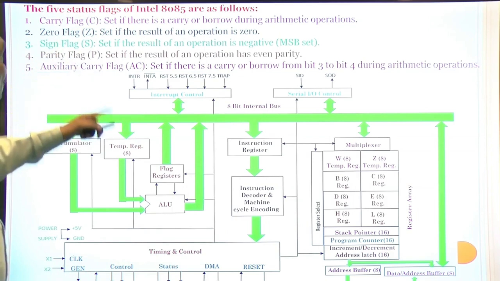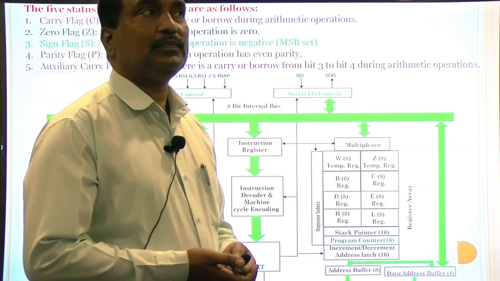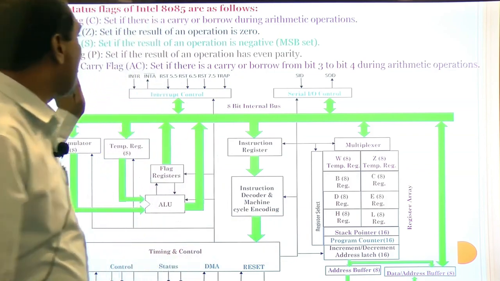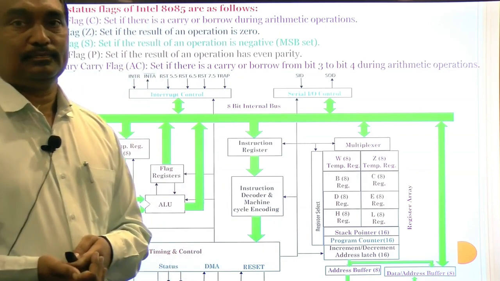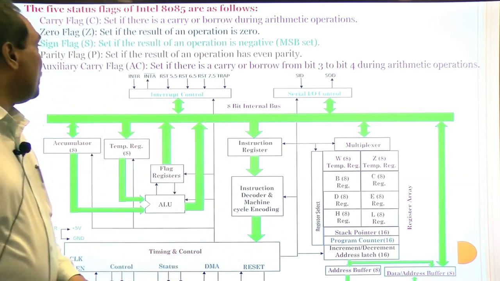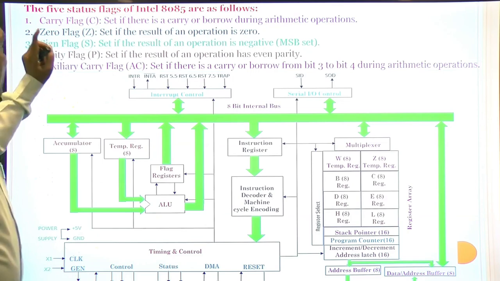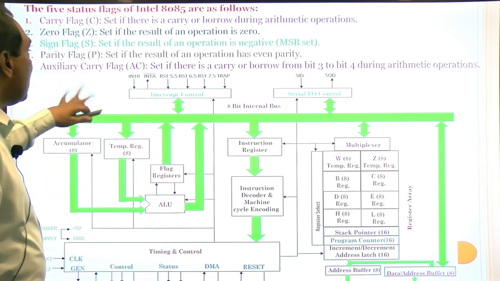The next one is the zero flag. In some cases, the result of an operation is 0. In such cases, the zero flag will be activated. In some cases, the result may be negative or positive. If it is negative, the sign flag will be set. The next one is the parity flag. If the result has even parity, the parity flag will be activated.